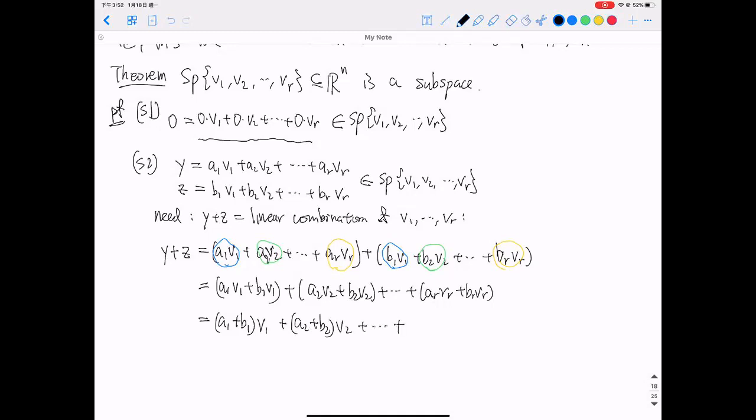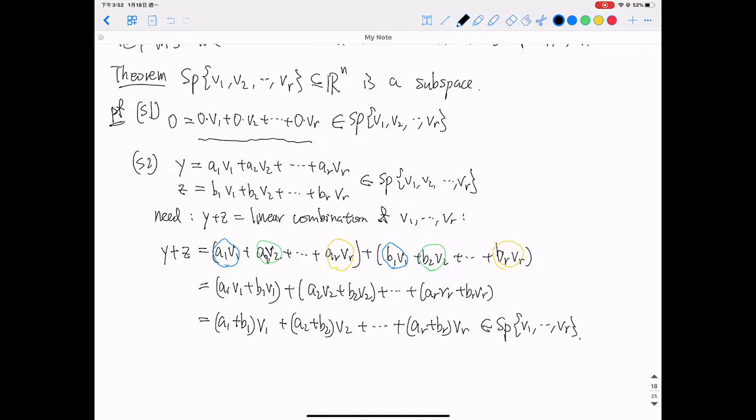And likewise for the rest. Now this is a linear combination of the v's. So you indeed get Y plus Z to belong to the span.